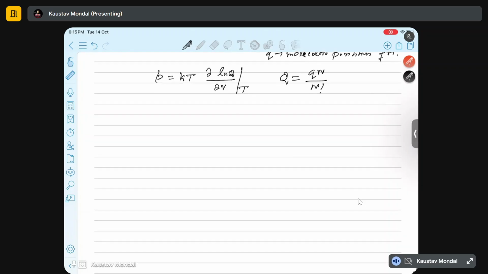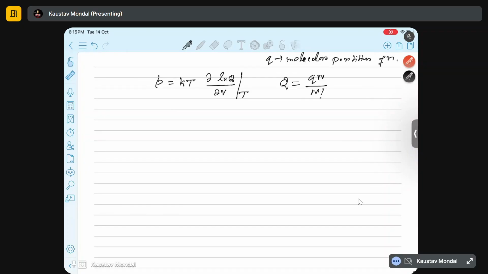Now we just substitute this expression of Q into the expression of P, and we can write P equal to kT into del by del V of ln of q to the power N by N factorial.